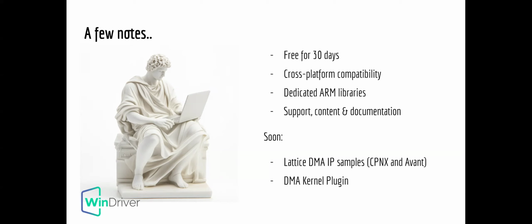So if DMA is supposed to make your performance faster, kernel plugin with DMA is a game changer as well. You can also implement an interrupt handler inside the kernel plugin and immediately raise an interrupt from the kernel, which is a huge advantage. So that's it for that.